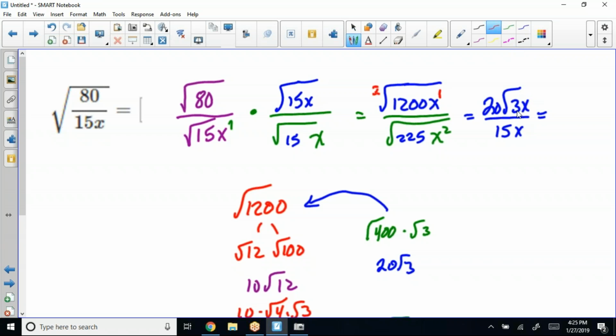We know that's good. Now let's simplify our fraction between this, which is what to go into 20 and 15. So that's 5. So that's 4 square root of 3x over 3x. There you go. So what's your thoughts?